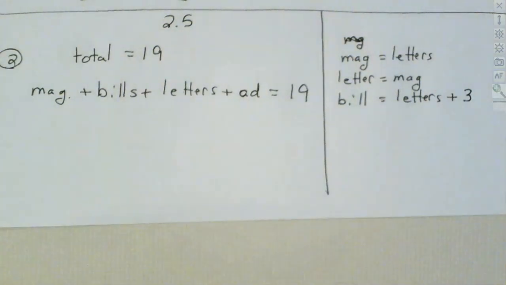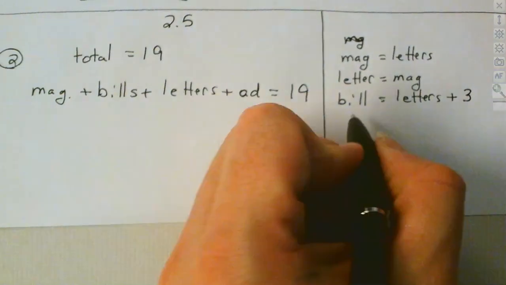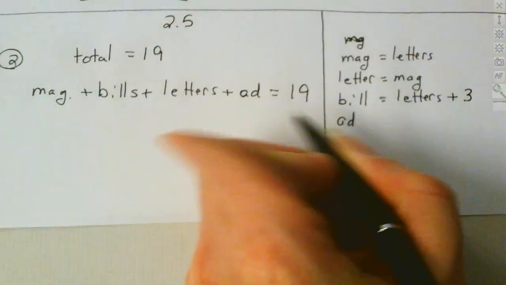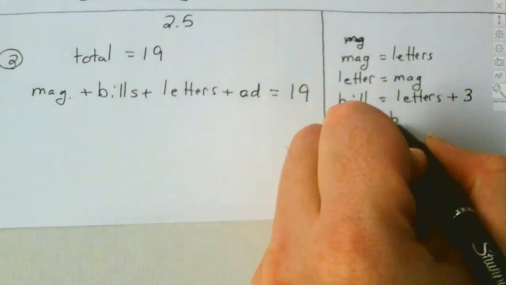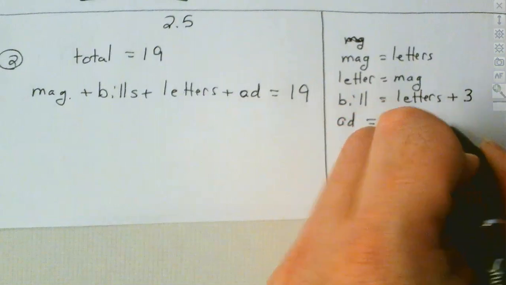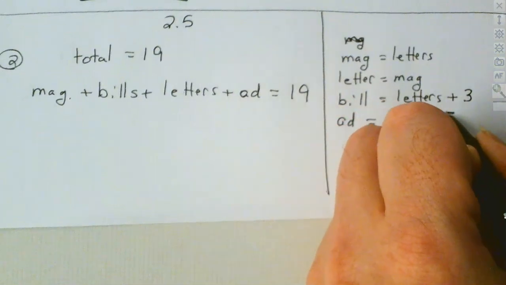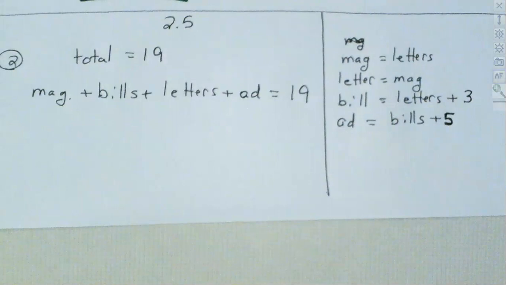And what's the last piece here? 5 more ads than bills. So 5 more ads than bills. So the ads are then going to be the bills plus 5.